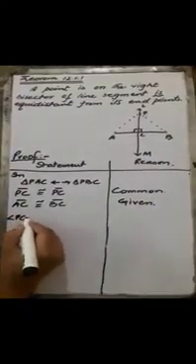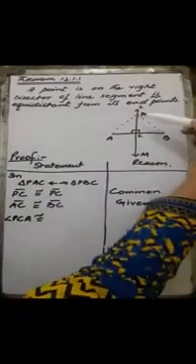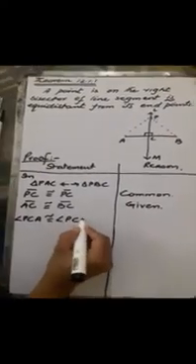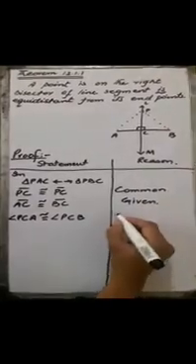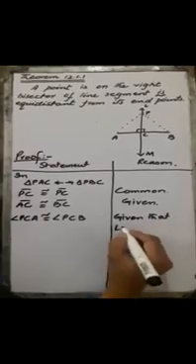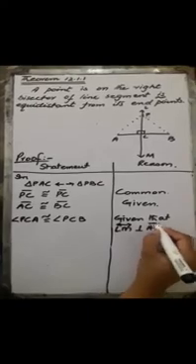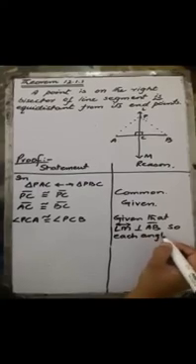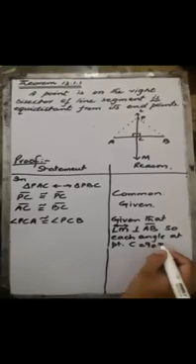Angle PCA of this triangle is congruent to angle PCB of this triangle. And what is the reason? The reason is this: it was given that line LM is perpendicular to AB, so each angle at point C is equal to 90 degrees.